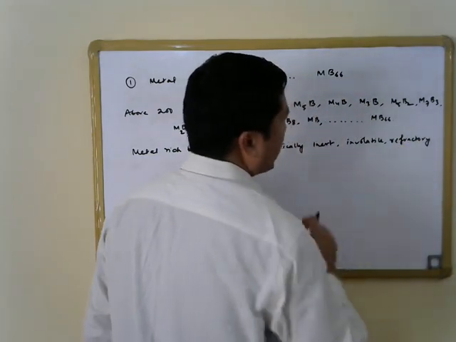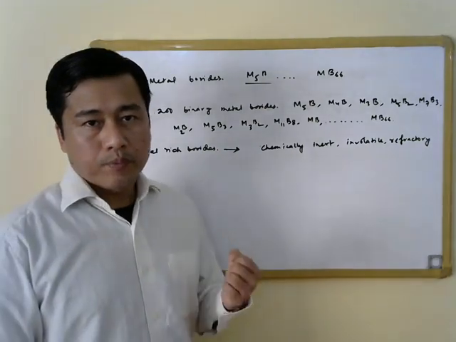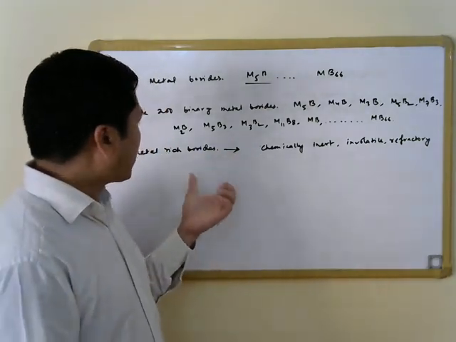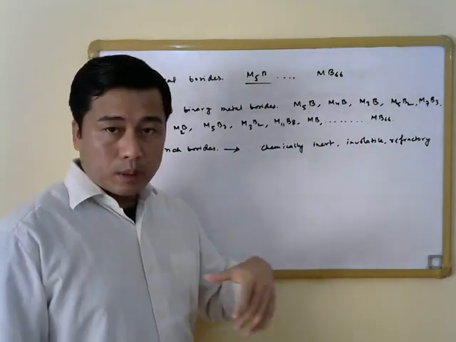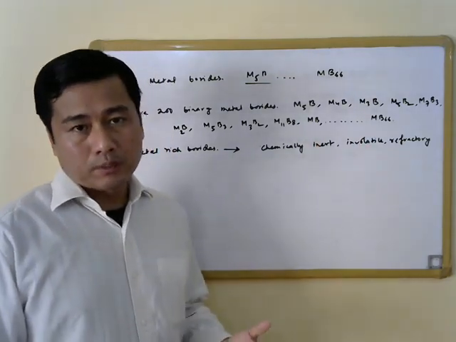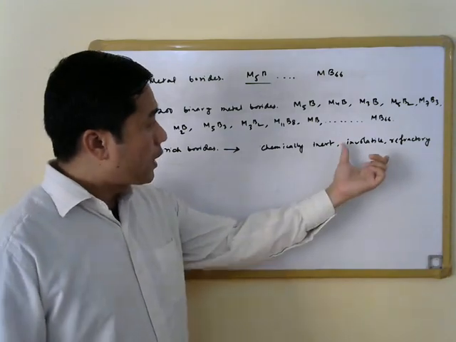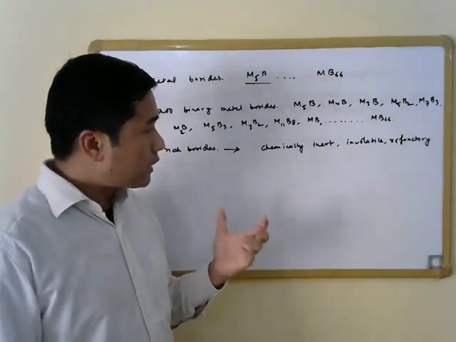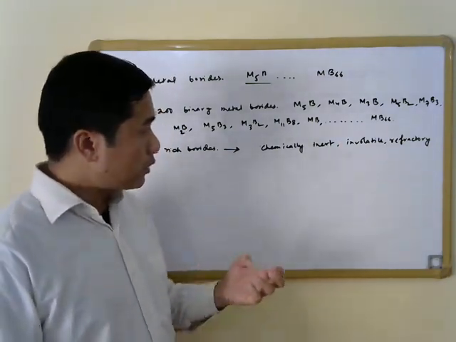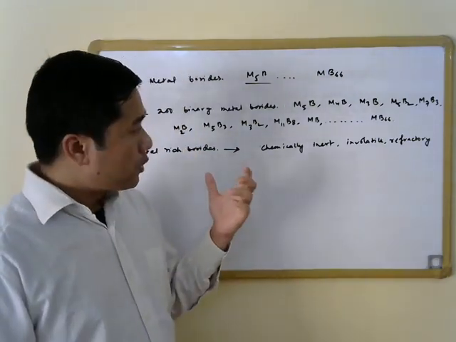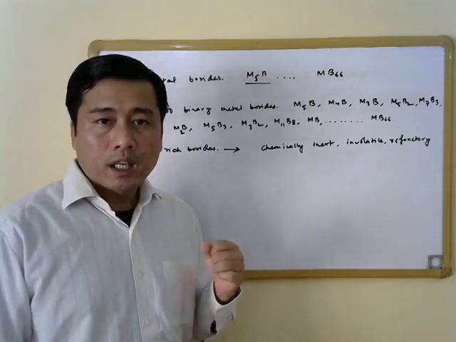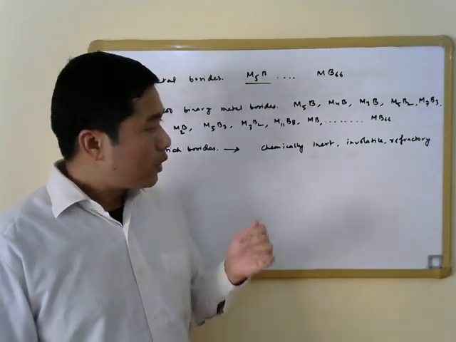What we mean by refractory is that they are resistant to heat. These compounds, metal-rich borides, are generally chemically inert, while the metals themselves are not always chemically inert. They are not going to be volatile compounds like the metals themselves, but at the same time these are refractory in nature, that is, they are highly resistant to heat.